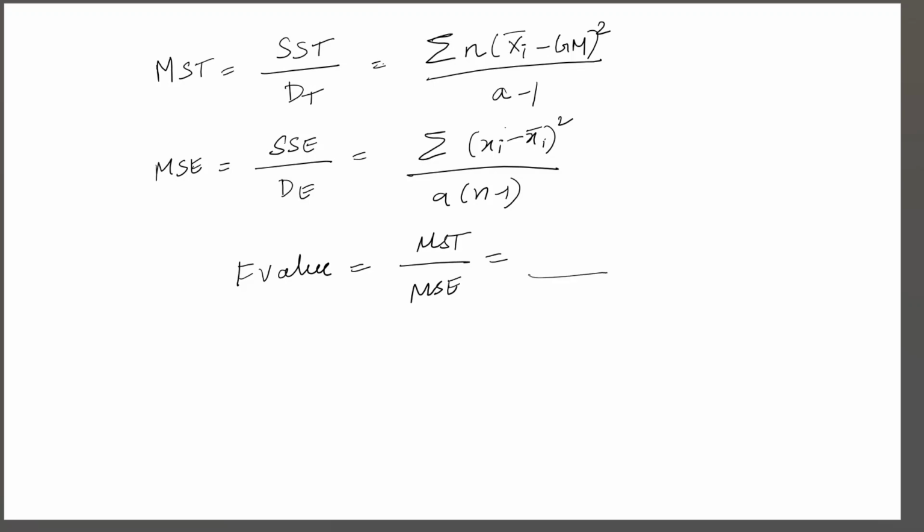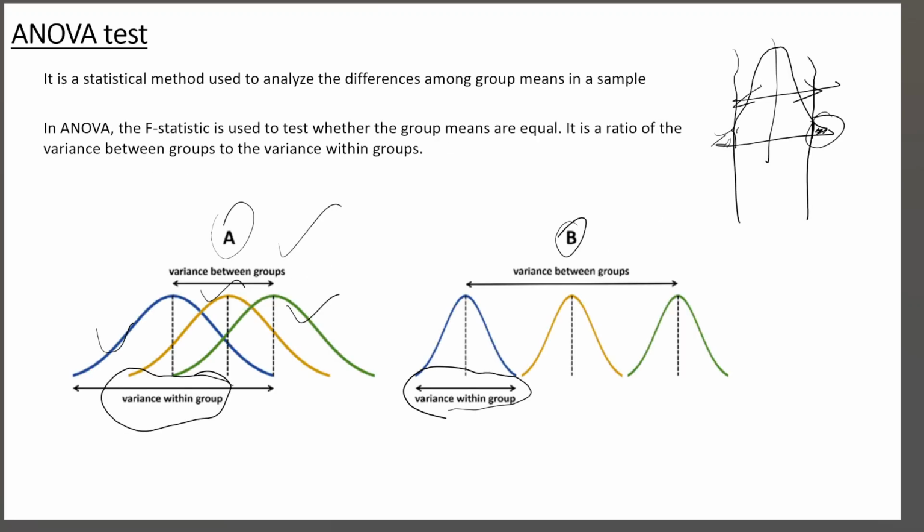Basically, we will get a value for this. If it is large, then it denotes that there is a difference. As we discussed, if the difference between the treatments is larger compared to the mean difference within the treatments, then there is an effect, as we discussed in the slide.